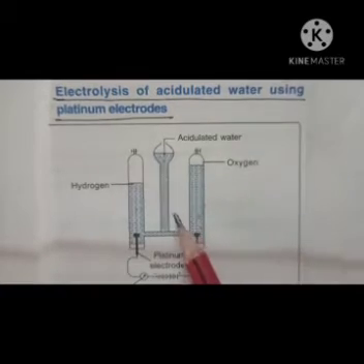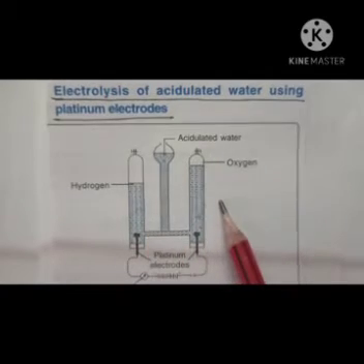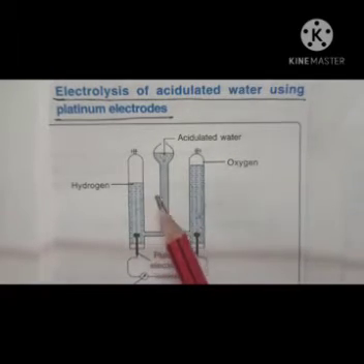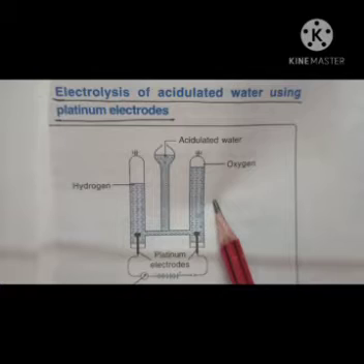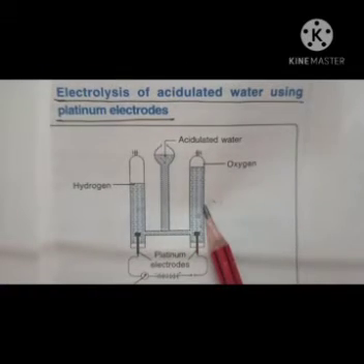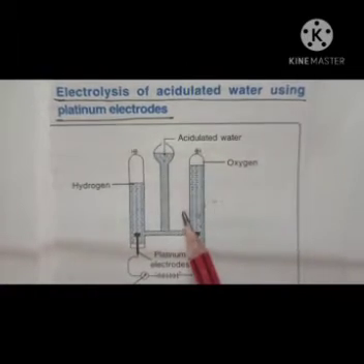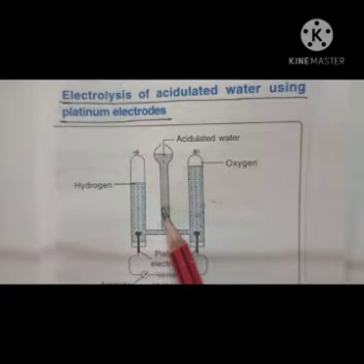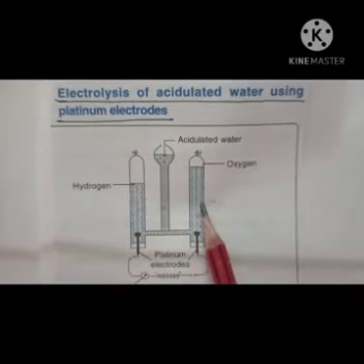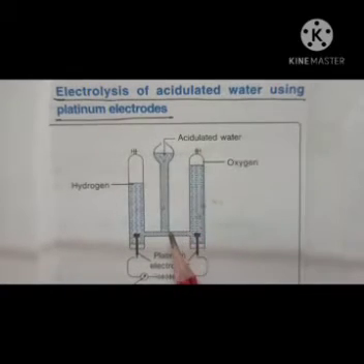And this Hoffman's voltameter consists of 3 interconnected glass tubes. Just look here, 1, 2, 3, and they are interconnected. The central tube is used for pouring acidified water, while the side tubes are used for collecting the products of electrolysis.